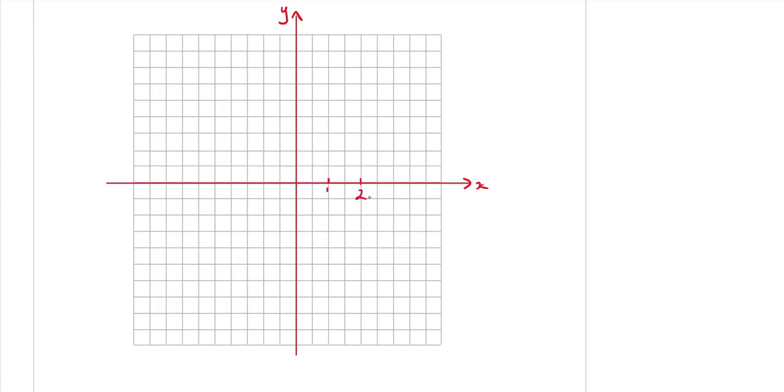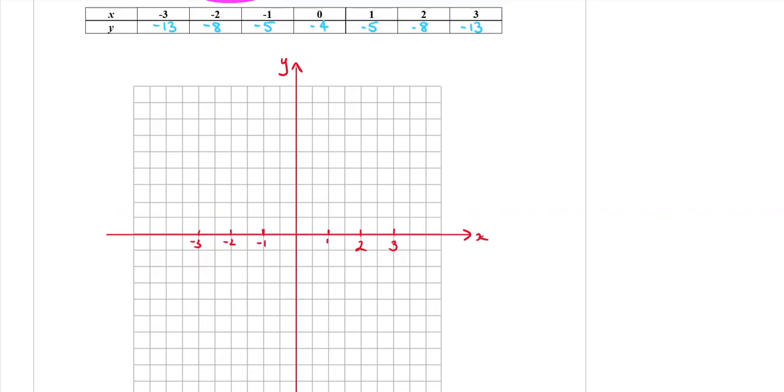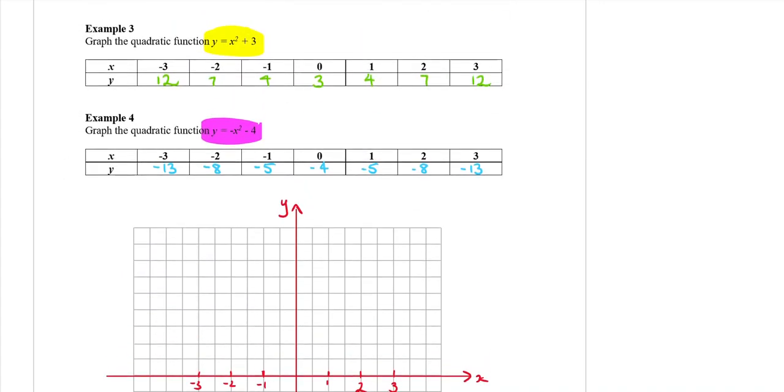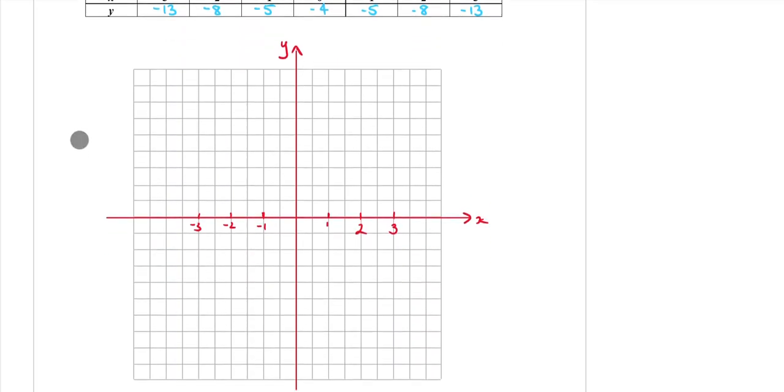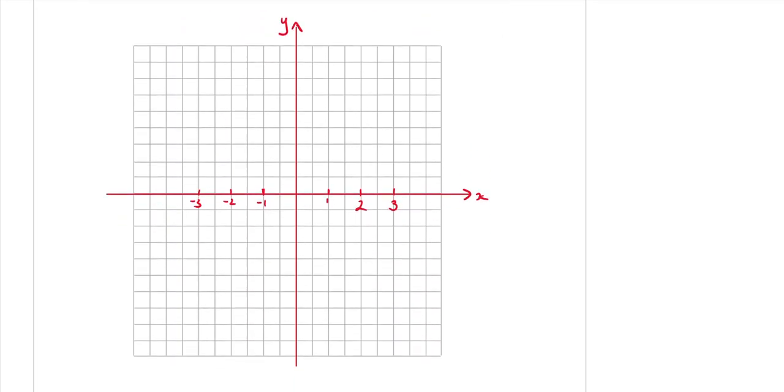We have 1, 2, 3 for the x, negative 1, negative 2, negative 3. But vertically, I have in my first table numbers going up to 12, and in my second table they're going down to negative 13. There is not enough space to be going up by 1s in that grid there. So I'm going to need to go up by 2s. So 2, 4, 6, 8, 10, 12, and that will be enough.